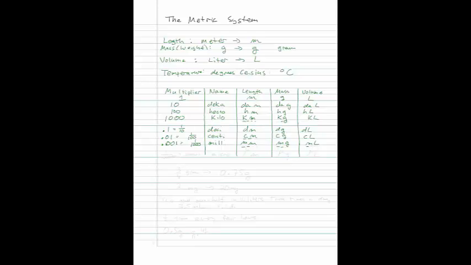So which ones of these things are actually used? Kilometer is used, centimeter is used, millimeter is used, a kilogram is used, milligram is used, and a milliliter are used. So those are the ones that are used most often. And there's one more that I want to add, and that is a multiplier of 1/1,000,000th.